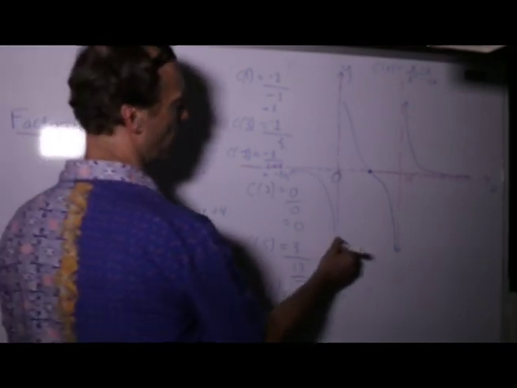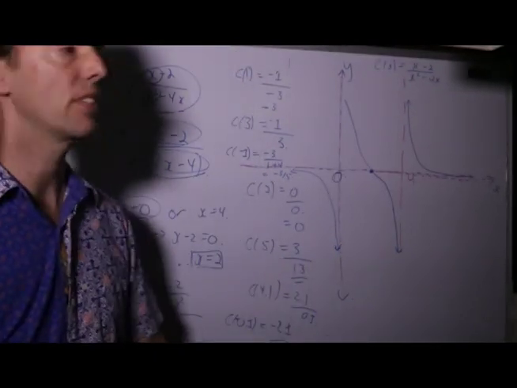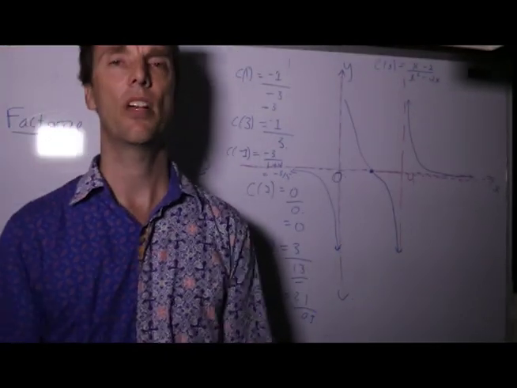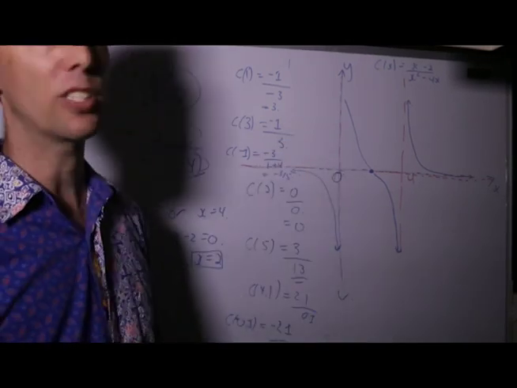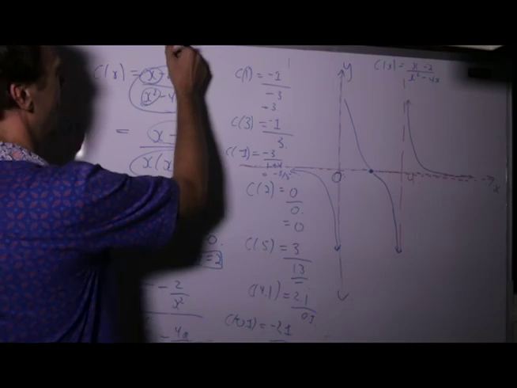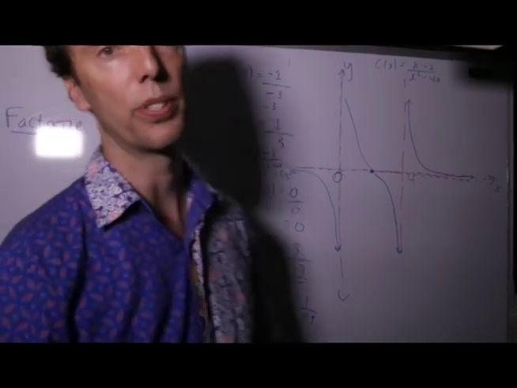Negative 2.1 divided by that is going to give you, for example, negative 5. So yes, it is working. And there you have it, there's your graph. Voila, finished. That's question number 10 from memory on exercise 4.3. Over and out.